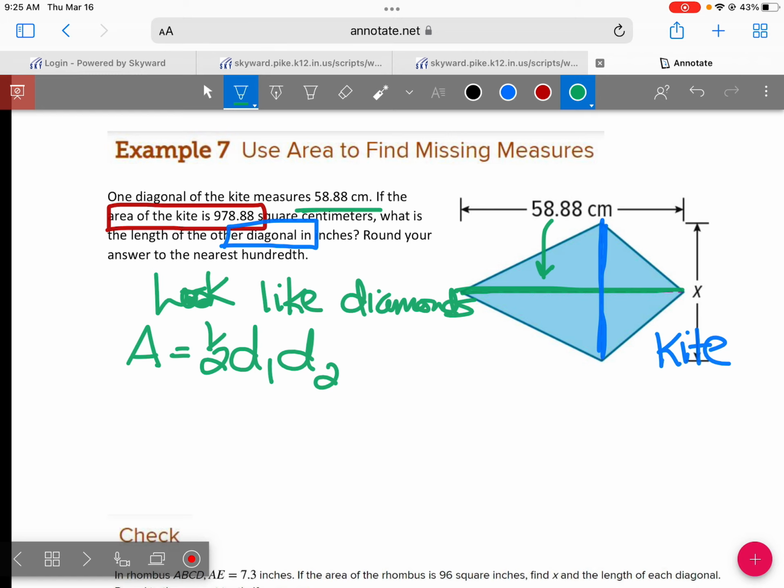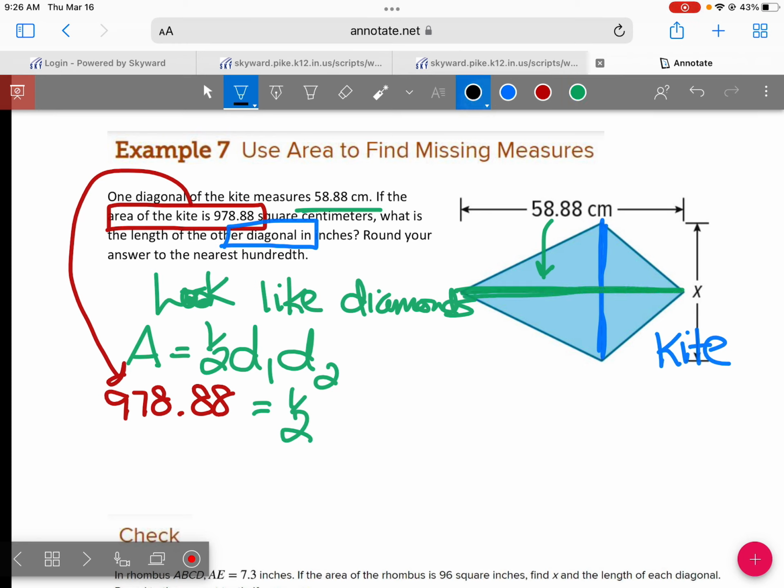We need to substitute what they give us. The area, they gave us that. So substitute that in for A as 978.88 equals 1/2 times the length of this first diagonal, which is 58.88.